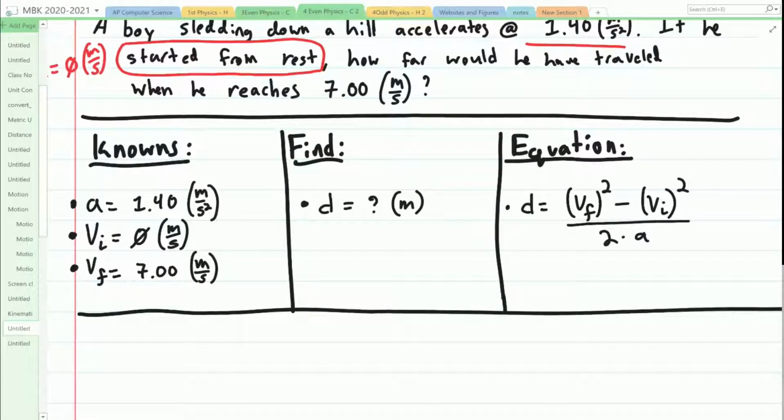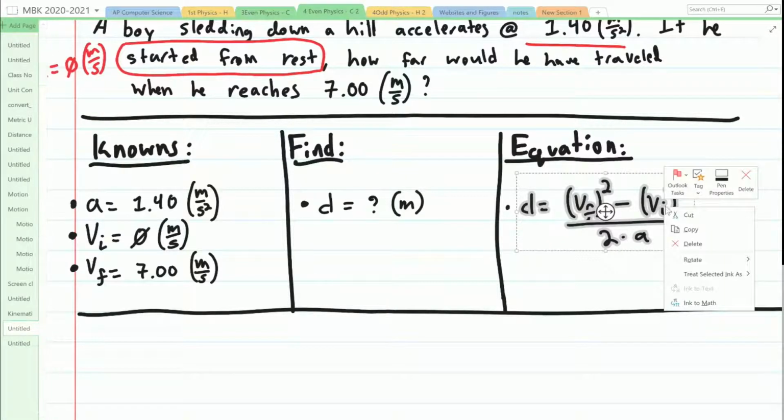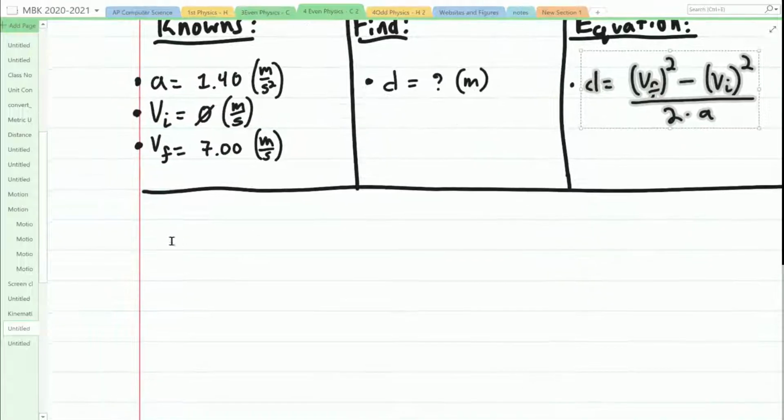Cool. So that's what I just wrote right here. Now, copy that real quick. And then here, paste.